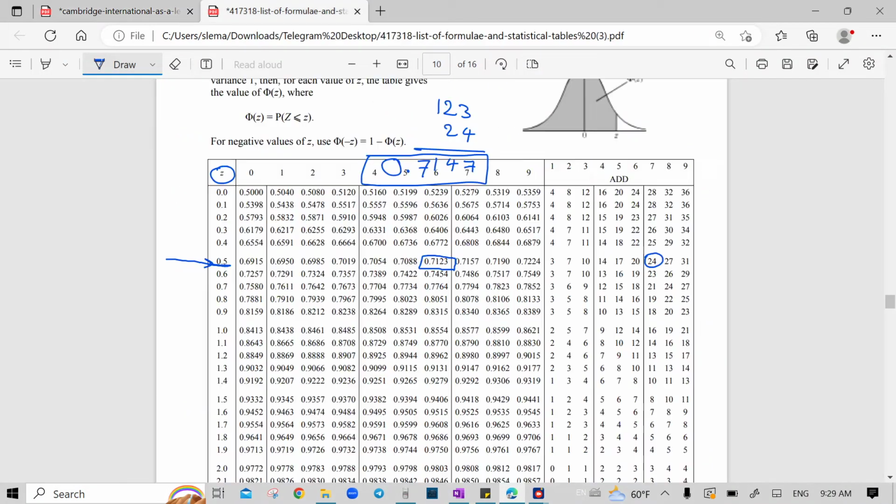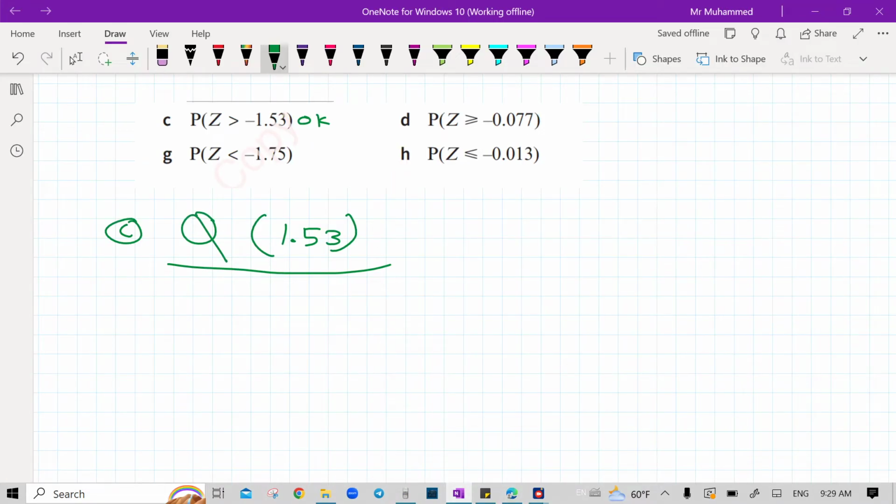Let's do it. The table is here. 1.53, this is 1, so we look at this row. 1.5, 0.5 is here. Then after 0.5, I had 3.